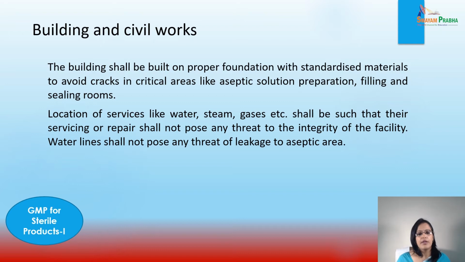The next thing is that the location of services like water, steam and gas shall be such that their servicing or repair shall not pose any threat to the integrity of the facility.